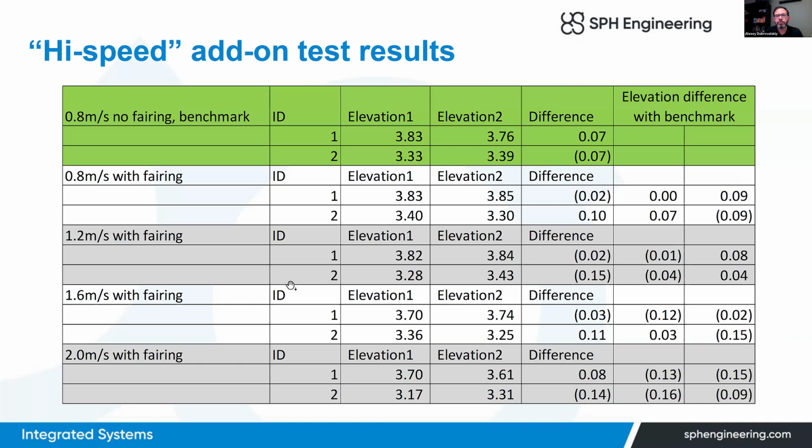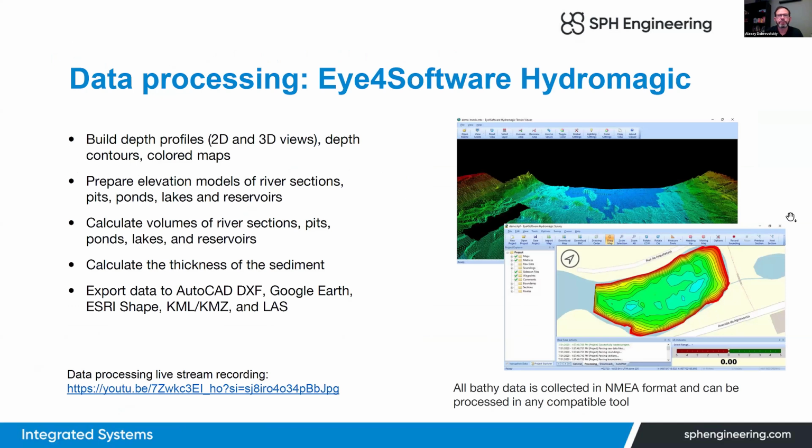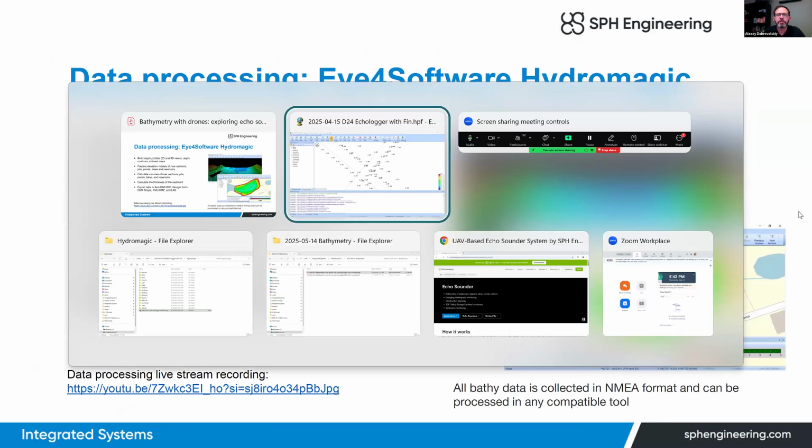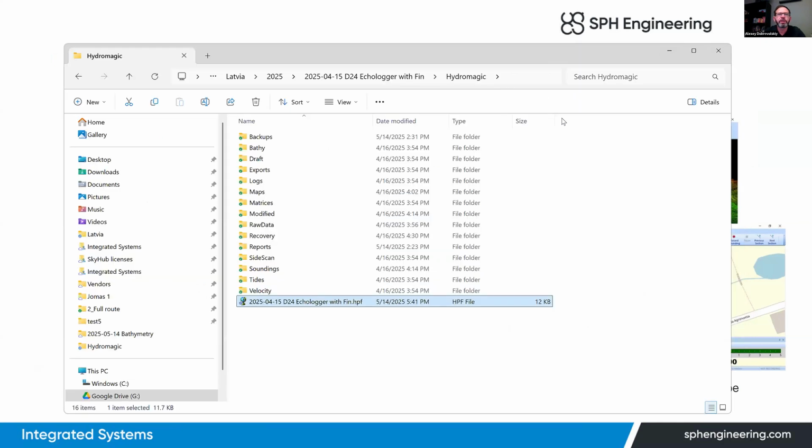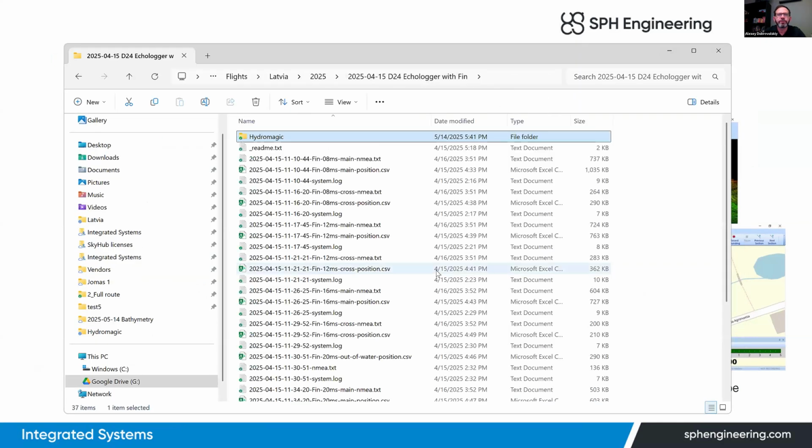That's all, maybe, about that option, and a couple of words about data processing. Data from the echo sounder comes in a pretty simple format, but not ready for interpretation.